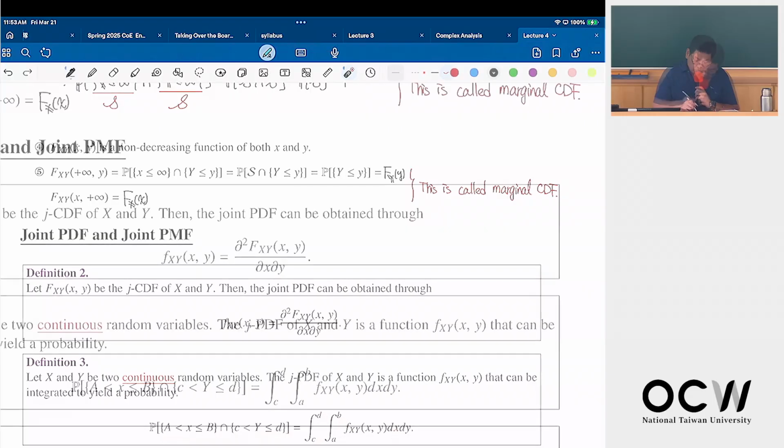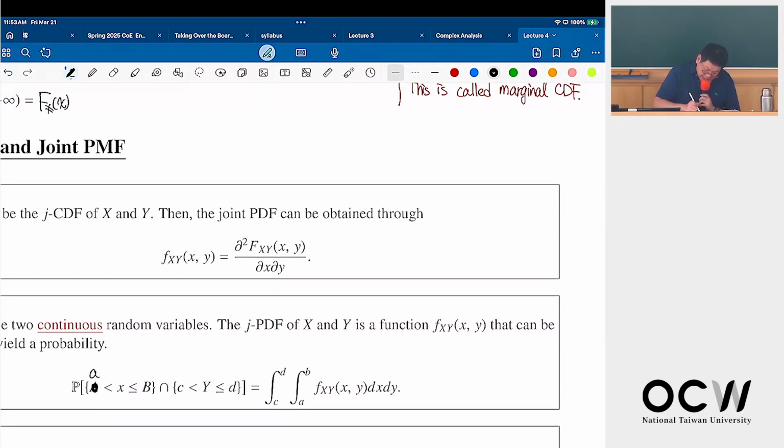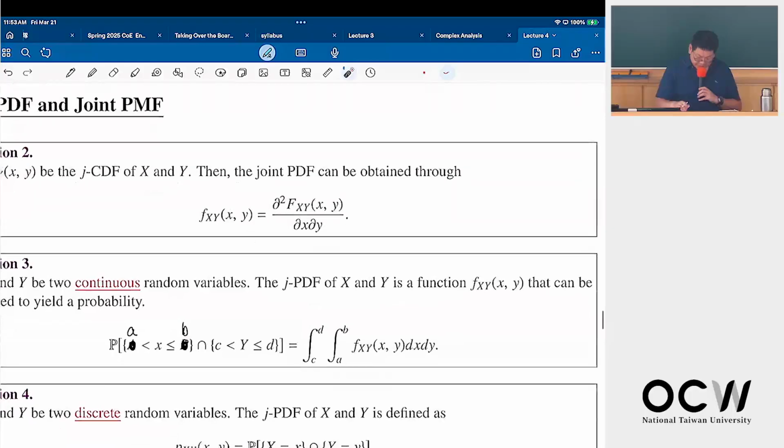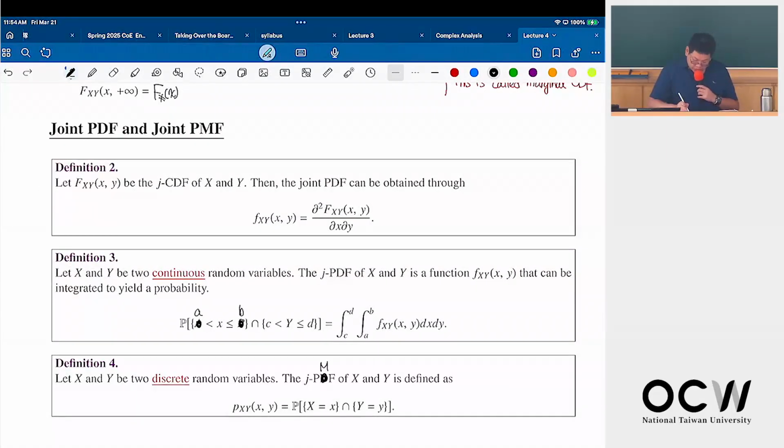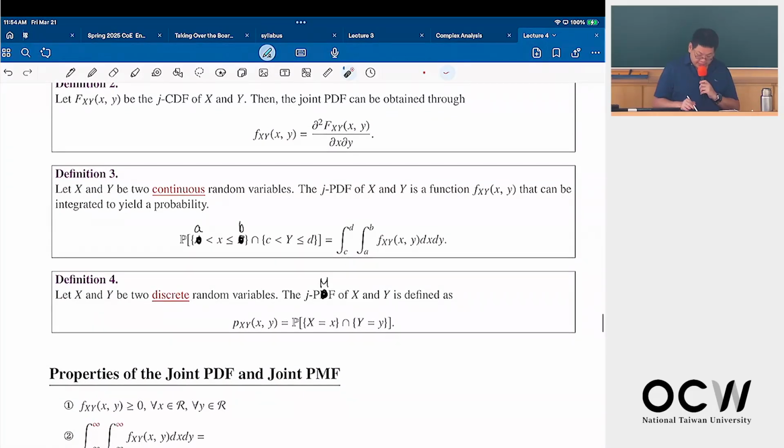For the discrete case, the joint PMF, we know that when we learned the PMF for one random variable, that is probability. So the joint PMF is also a probability, that x is equal to some point x and y is equal to some point y.